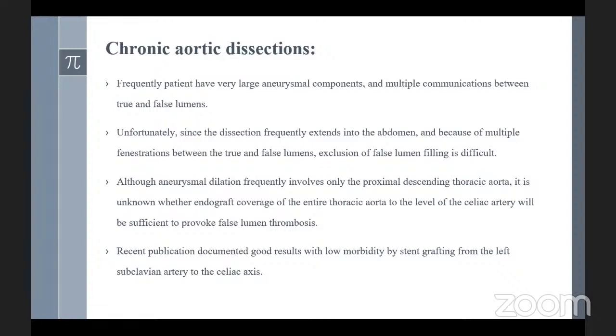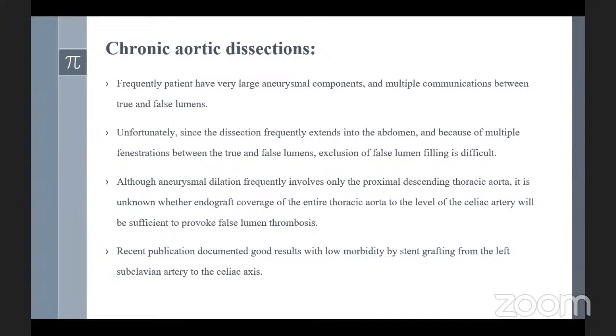In chronic type B aortic dissection, usually patients present with a large aneurysmal component with multiple communications and entry tears between the true and false lumen. And usually the dissection frequently extends to the abdomen with multiple fenestrations between true and false lumen, so exclusion of the false lumen is difficult.